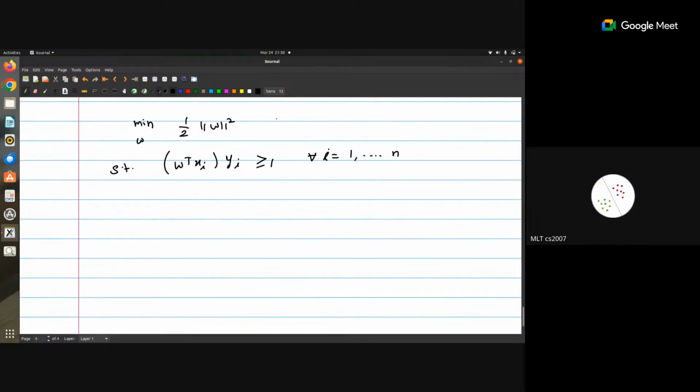This is a quadratic function, and this is a linear function, which I think all of us know. And we wanted to make this g of w to be 0.